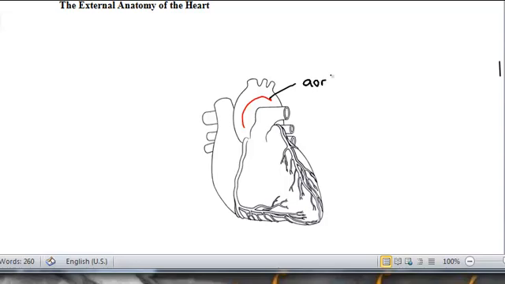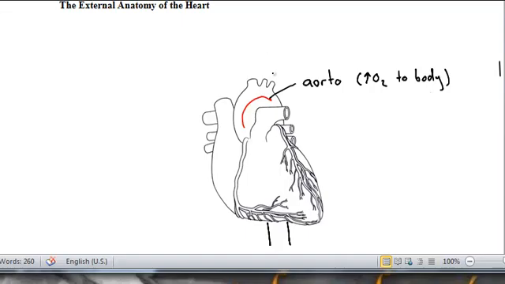And the aorta wraps around and actually continues down out the bottom of the heart. So it wraps around and continues below the heart. So this is called the aorta, and it's high O2 to body. So it's carrying high O2 blood to the body.